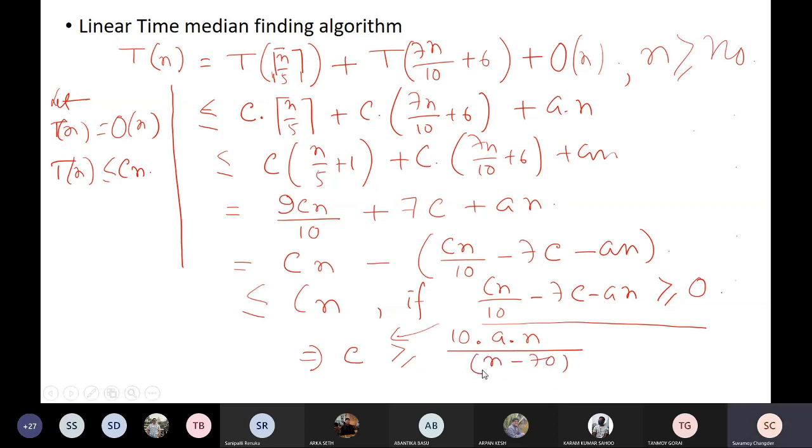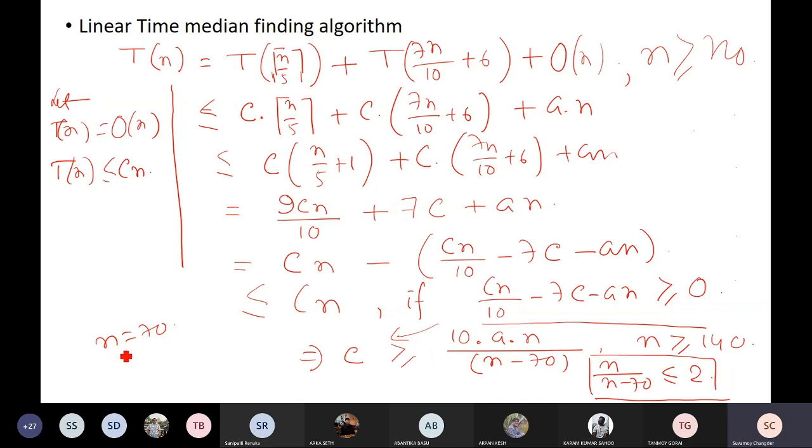And for the minimum value of n greater than or equal to 140, we will get n by n minus 70 less than or equal to 2. For other values, if you consider n equal to 70 and less than 70, all are negative, so C is positive, it cannot be negative.